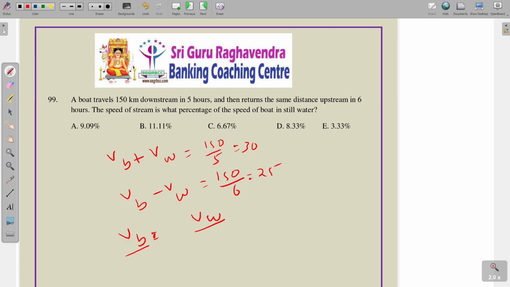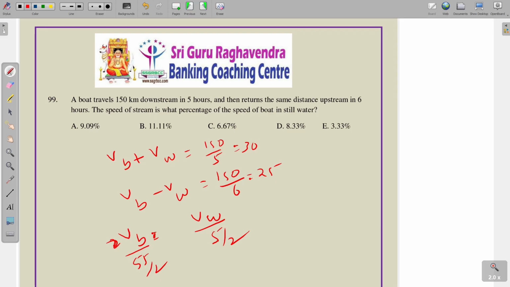Speed of the boat means the addition of both, divided by 2, so the speed of the boat is 55 by 2. Water is the subtraction, which is 5 by 2. If these two are added, you get the boat speed. If these two are subtracted, you get the water speed.